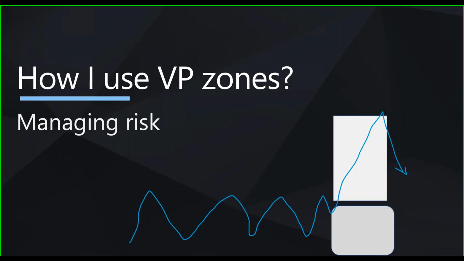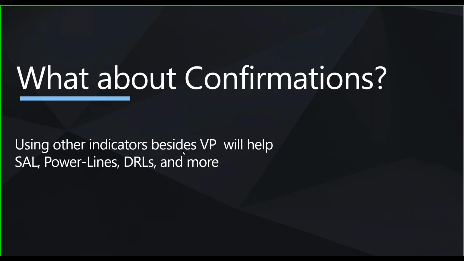Next. What about confirmations? Now, we also need to understand that what we talked about so far is anticipation. You anticipate the rejection, you anticipate the reversal, you anticipate the continuation, you anticipate the trade. But what about confirmation?